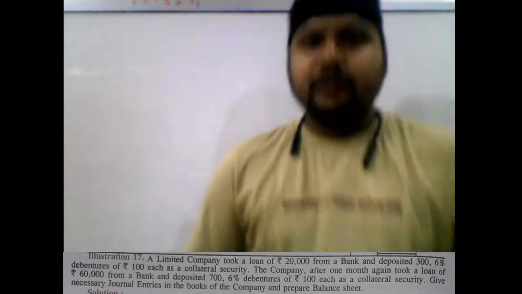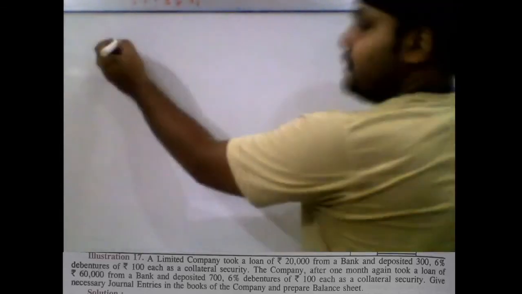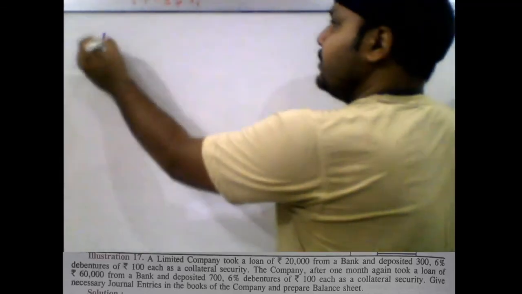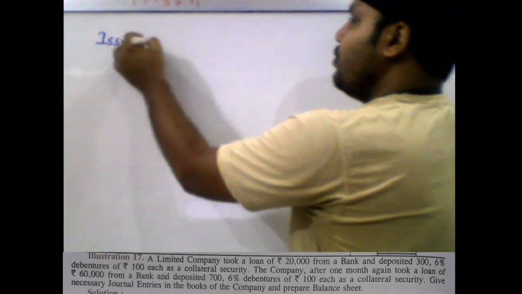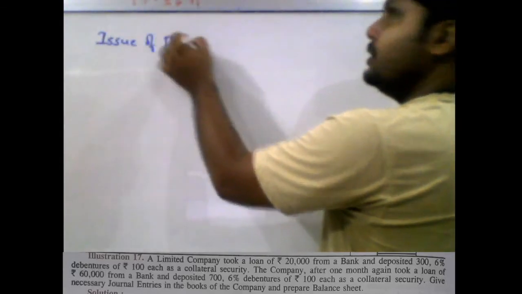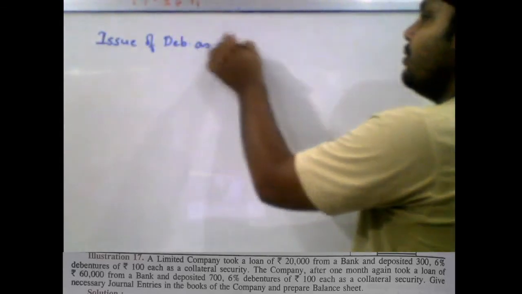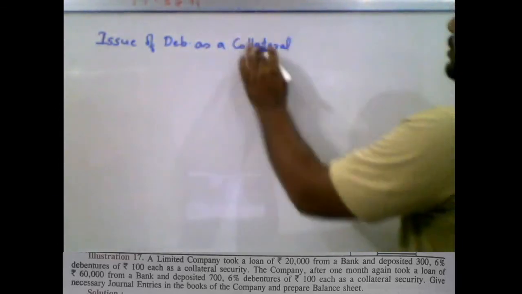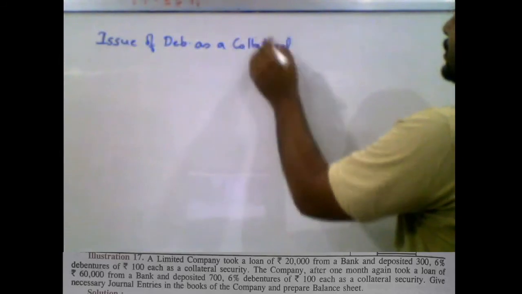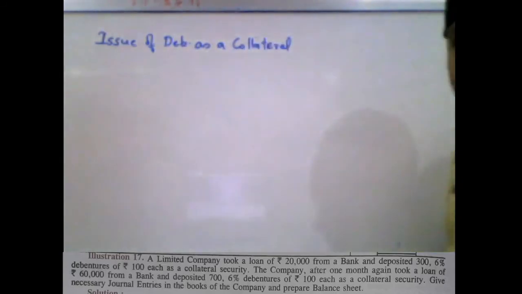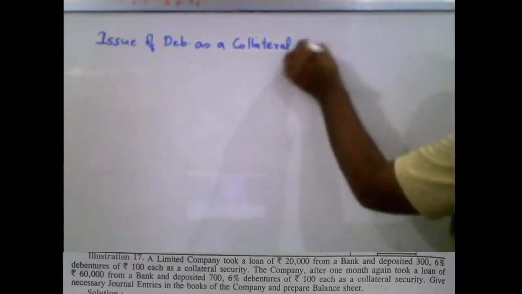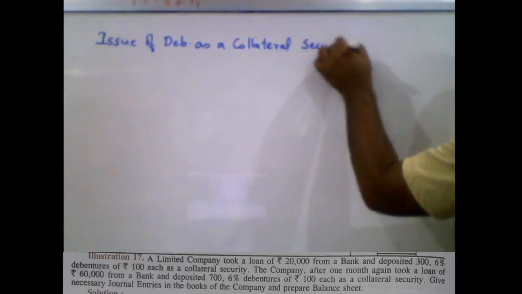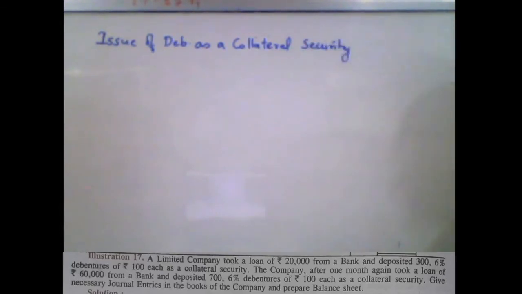So first of all we solve this question by the first method, issue of debentures as a collateral security.